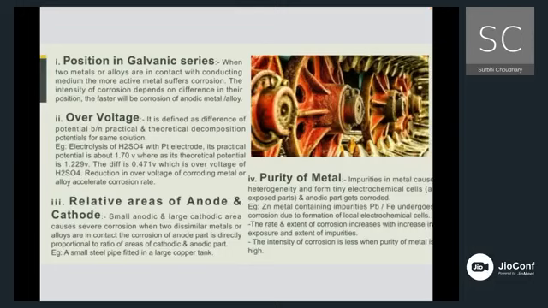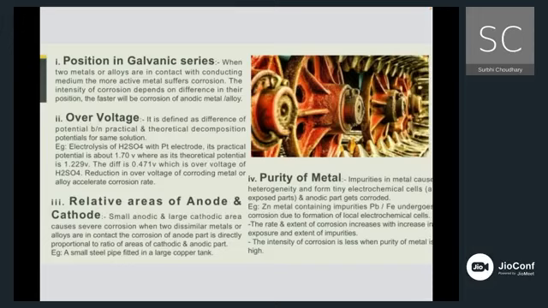The small steel pipe acts as anode and the large copper tank as cathode. We can see easily in our surroundings that if a small steel pipe is fitted with a large copper tank, the small steel pipe usually corrodes within a few days. This is because the area of anode and cathode directly influences the rate of corrosion.